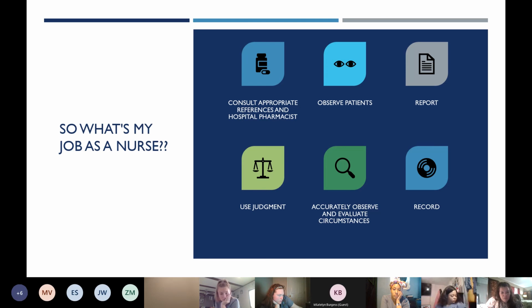You're never alone in the hospital setting. So you can always reach out to people. Trust your gut, read your drug books, make sure you know why you're giving it, and make sure you're using the correct references, that you're not just Googling and that you're going to the right places.